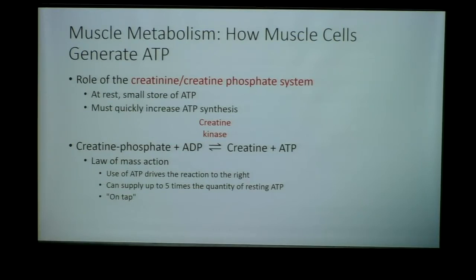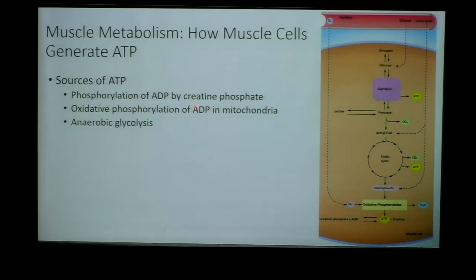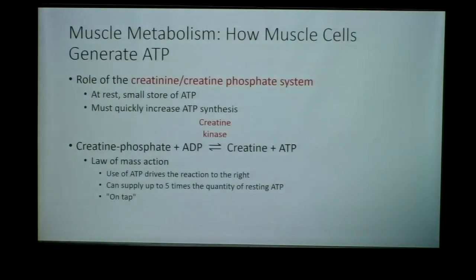Now, some of these other sources which we talked about, oxidative phosphorylation, anaerobic glycolysis, these take time to warm up. These need enzymes, these need transporters, these need the Krebs cycle. All of that takes time to warm up. And so the creatine phosphate system is a way to give us a brief temporary reserve of energy while the other more sustainable processes are actually warming up, okay?